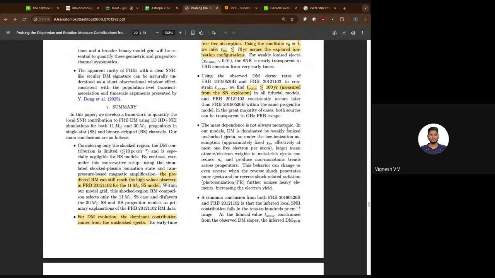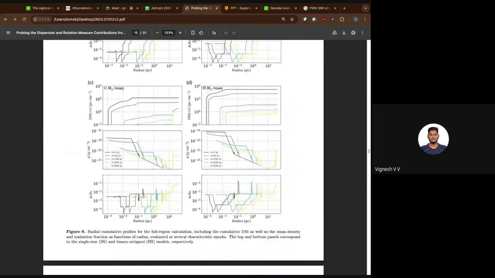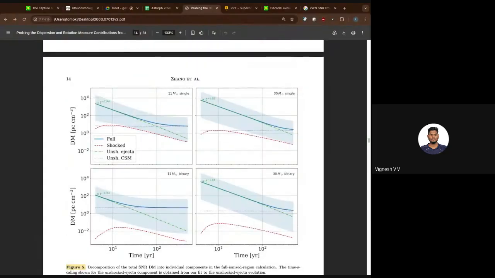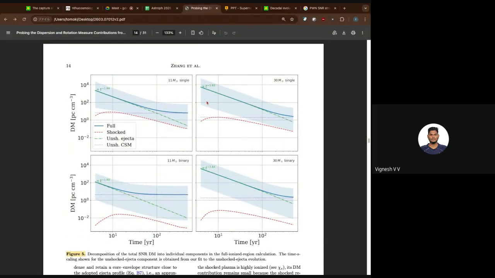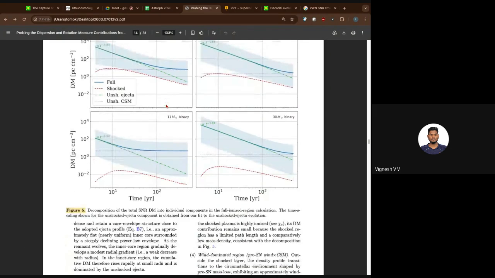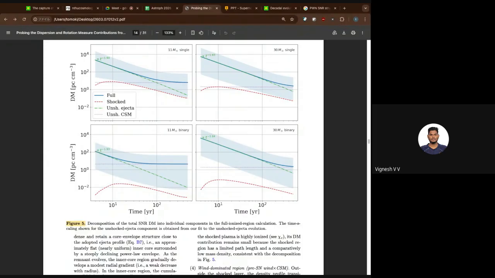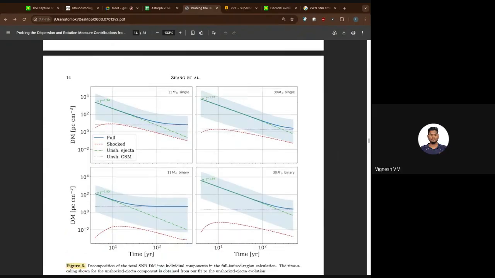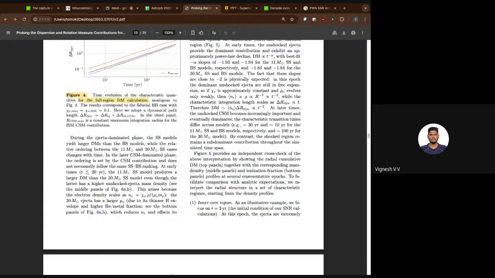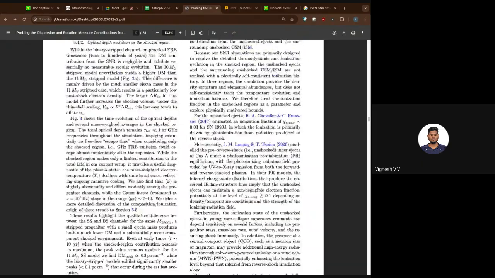Hi, Tomoki-san. I have two questions, but could you go to Figure 5 first? The comparison between unshocked CSM and this one. My first question is, how do they differentiate whether this DM contribution is coming from unshocked CSM or from the pulsar wind? Because if I remember, in the dispersion measure equation that you showed, there are only two components, one from the host galaxy and one from the source. But here they are comparing different steps that you showed in the first model figure.